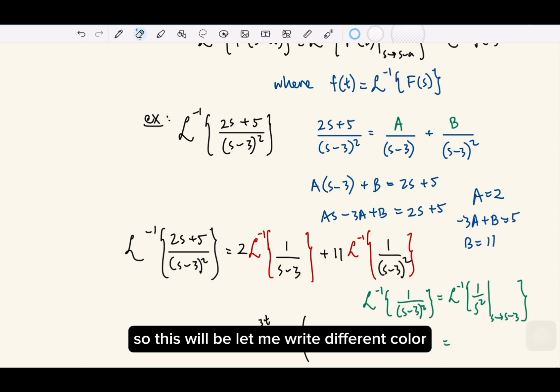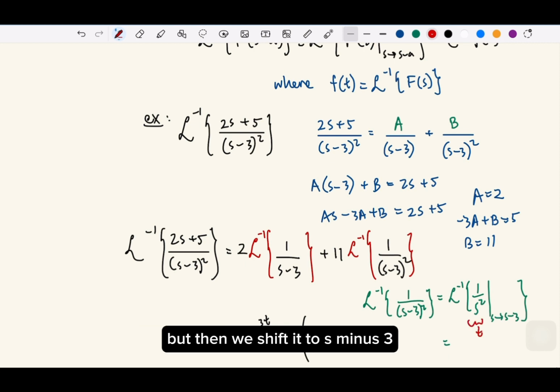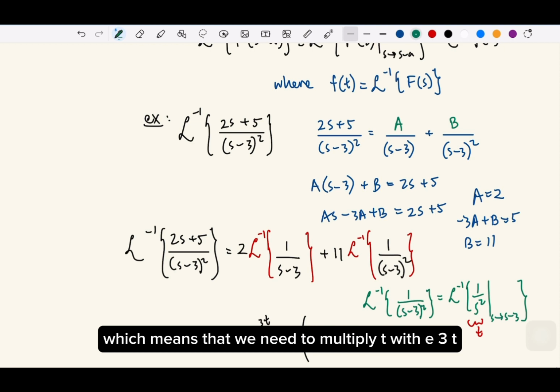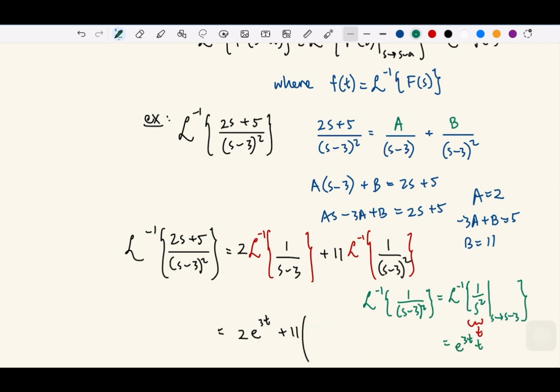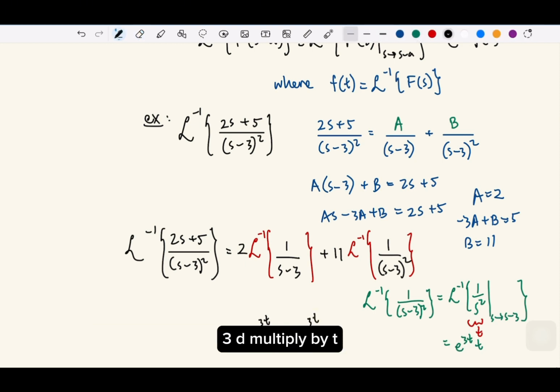This will be t, but then we shift it to s minus 3, which means that we need to multiply t with e^(3t). So this 11 part here will be multiplied with e^(3t), multiplied by t.